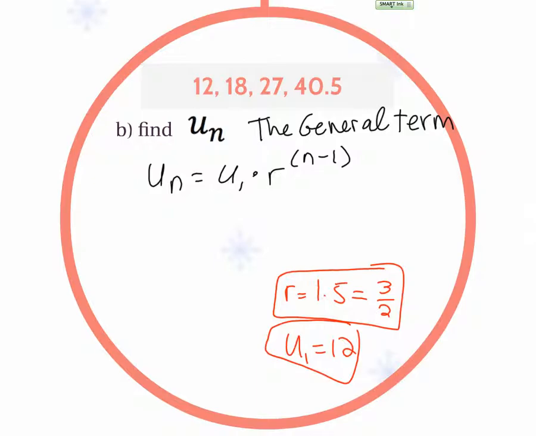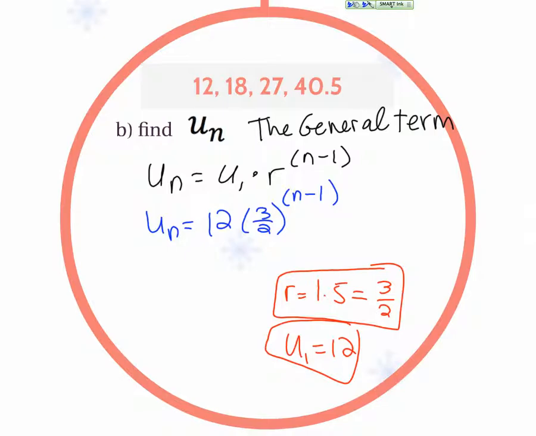So then we can just put the first term and the common ratio in. Sometimes I like to use parentheses too to show that I'm multiplying, just so I don't get confused with the decimal points and stuff, but either way.